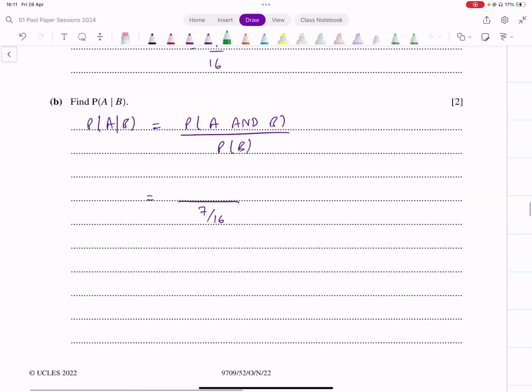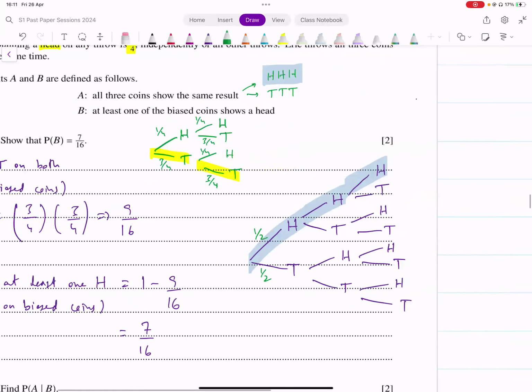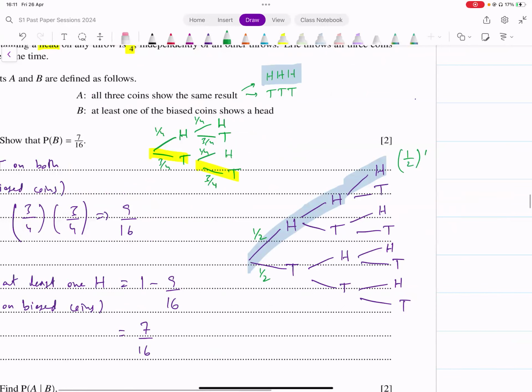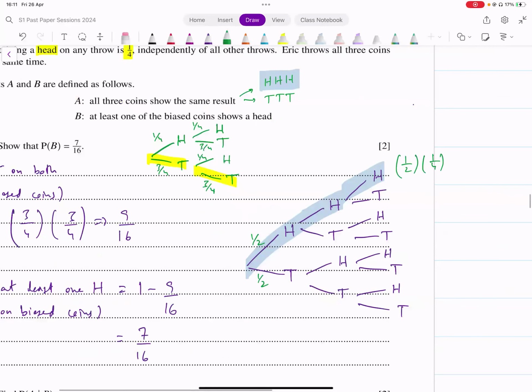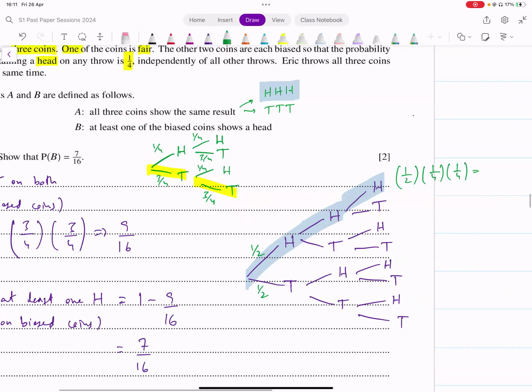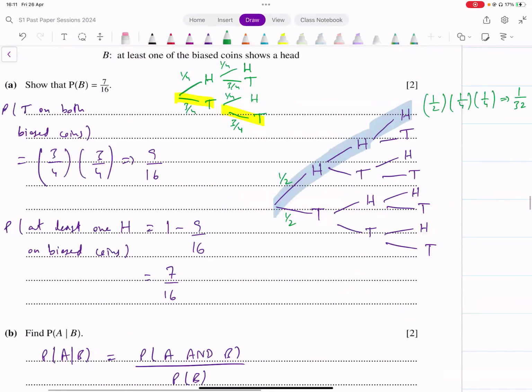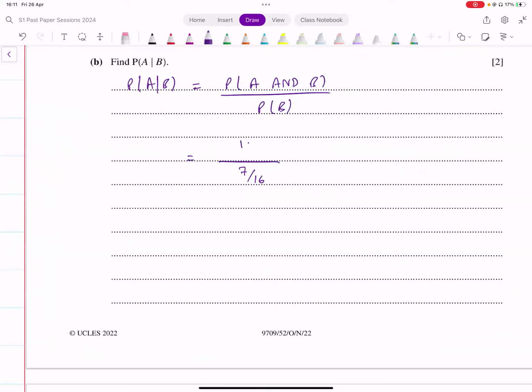How do you find this probability now? H, H, H. That's 1 over 2 into heads was 3 over 4. Oh, sorry, 1 over 4 into 1 over 4. And that gives you 1 out of 32. That is what you would have in the numerator here, 1 over 32.